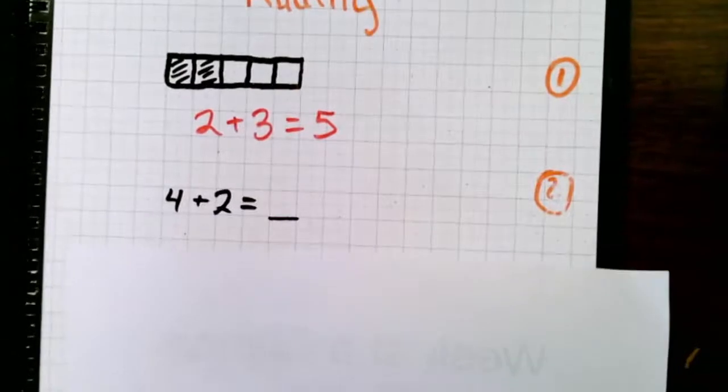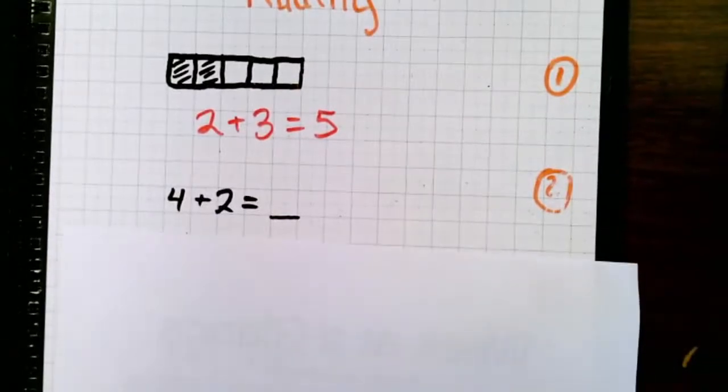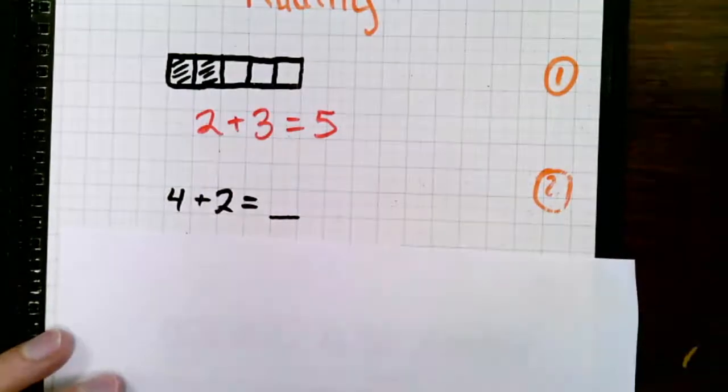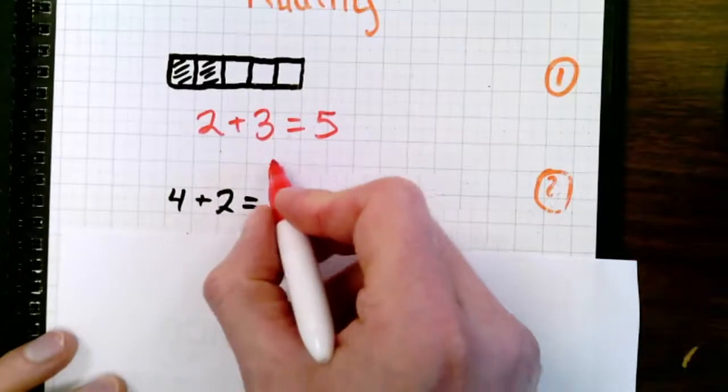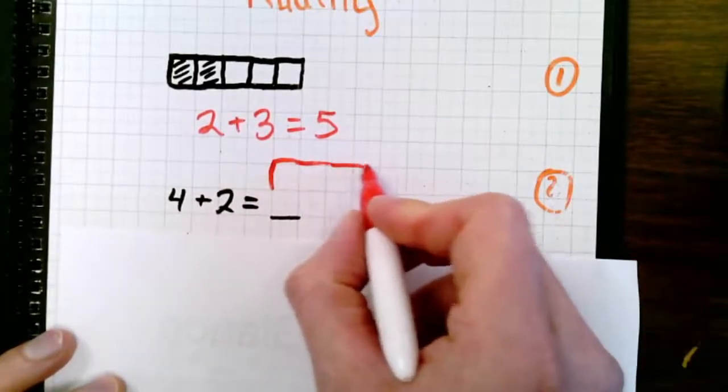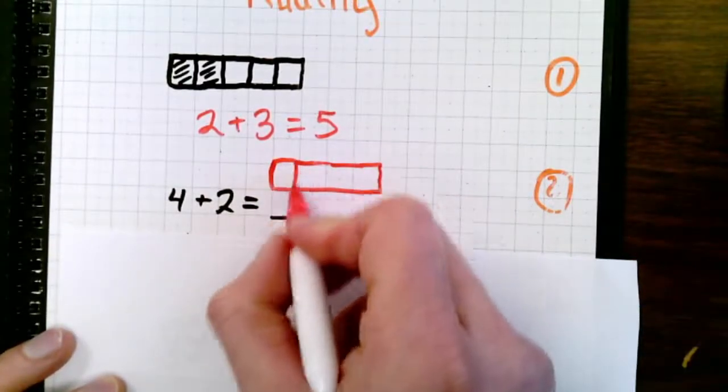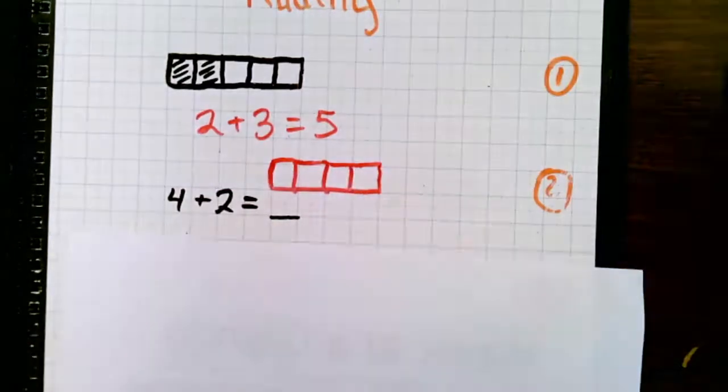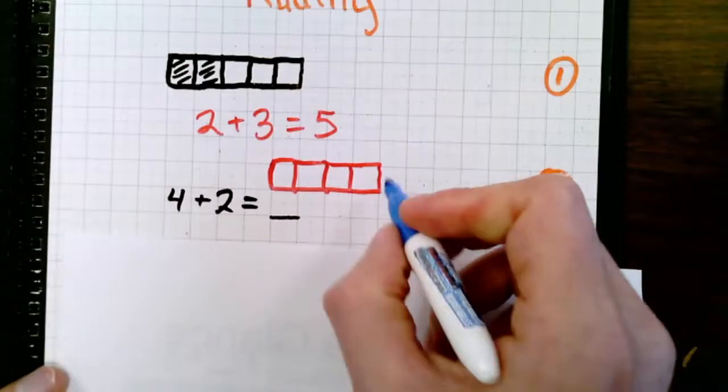So let's see. Our next question is going to be 4 plus 2 equals something. Well, what would that picture look like? I guess we would start with 4, and then we would have to add something to it.